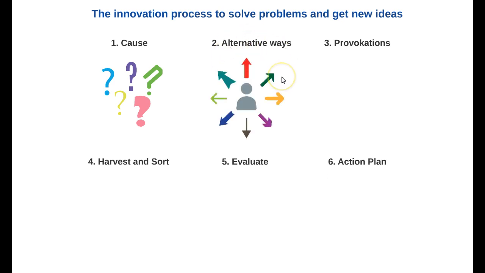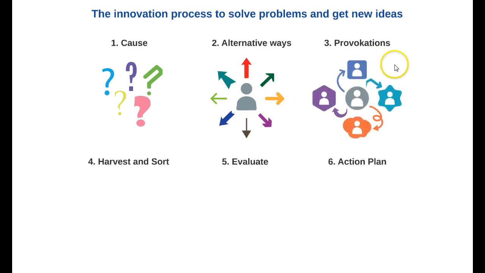And then we start to get alternative ways of doing it, and that's a lot of ideas here. Then we do provocations, which are completely new ideas, where we use random words and different methods to get to some really unusual new ideas.